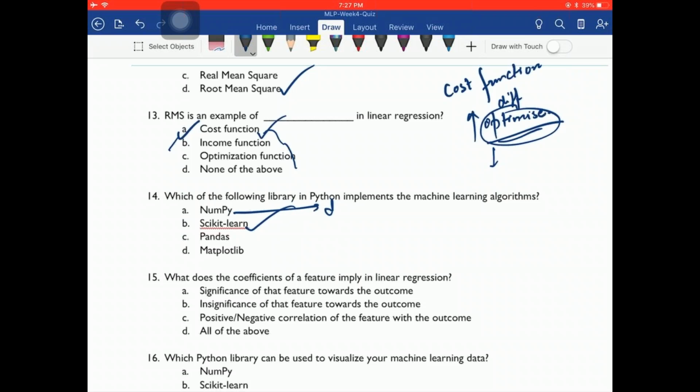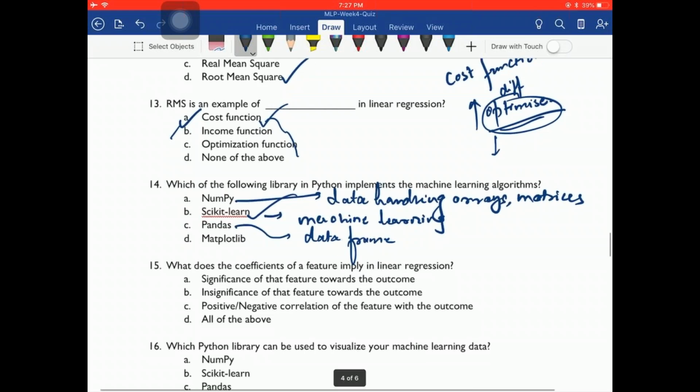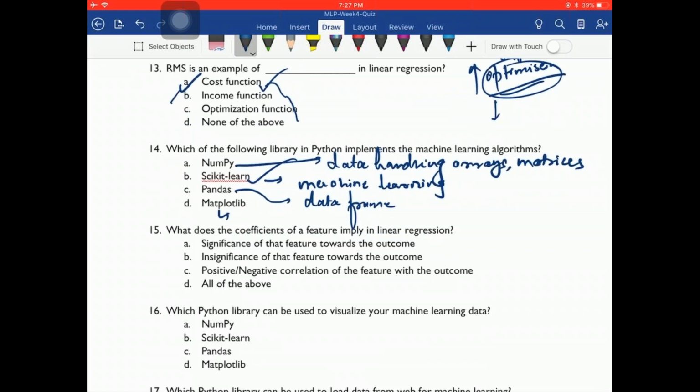NumPy is data handling, so you can have your arrays or matrices. Then scikit-learn is your machine learning package. Every time we write import sklearn, import decision tree from scikit-learn. So scikit-learn is where all the packages of machine learning are there. Pandas is the data frame, in which we store the data. Matplotlib is visualization.